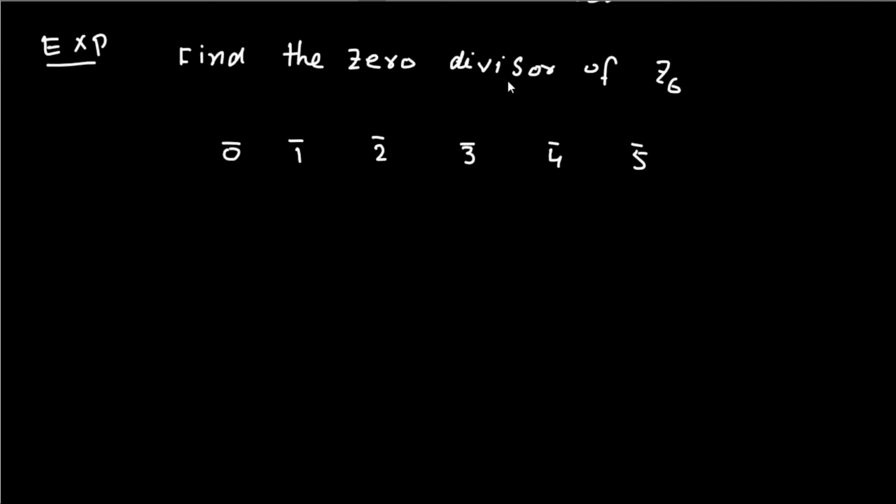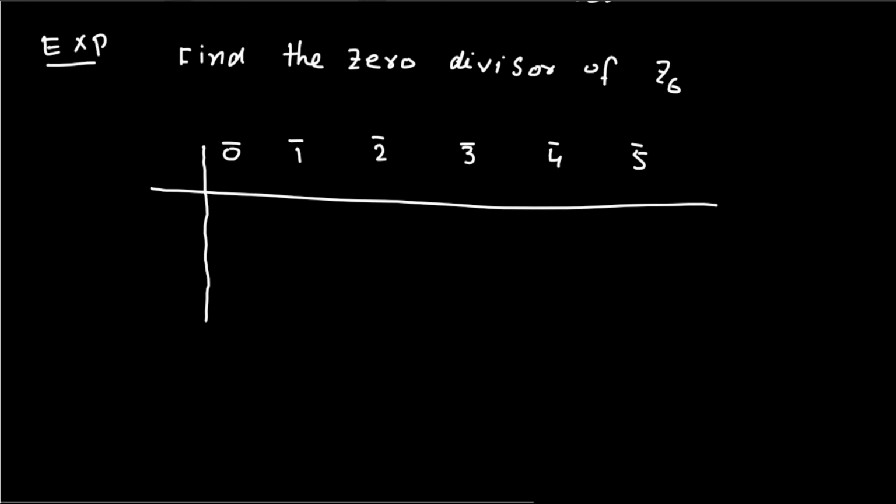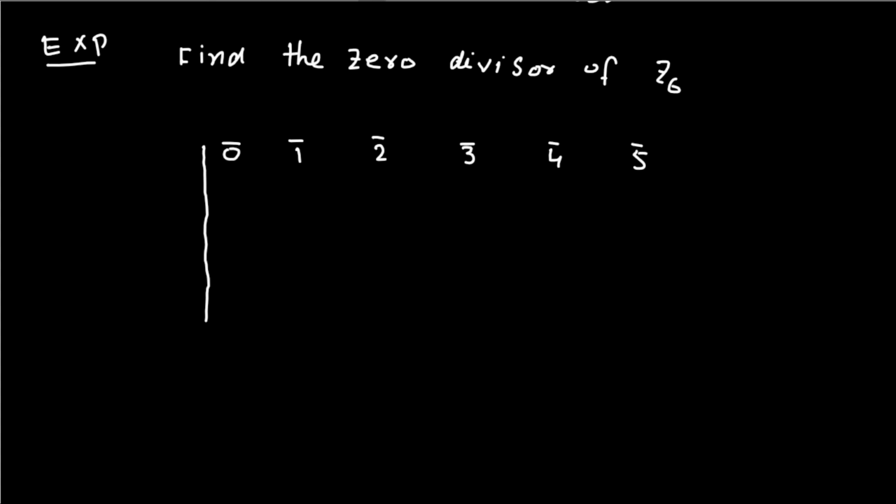Actually we are going to construct the table over here, but I will be sorry a little because the lines may not be perfect. So 0, 1, 2, 3, 4, 5 under multiplication.